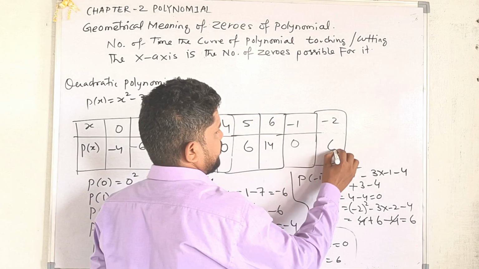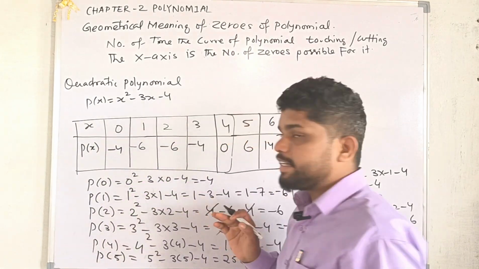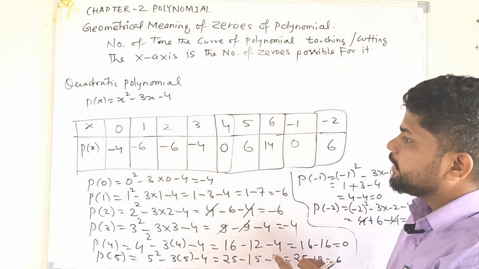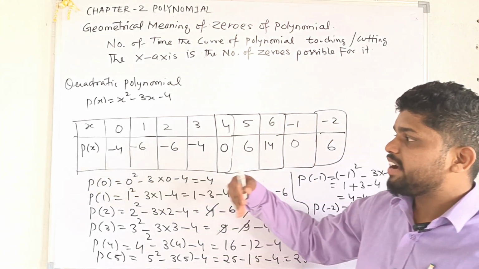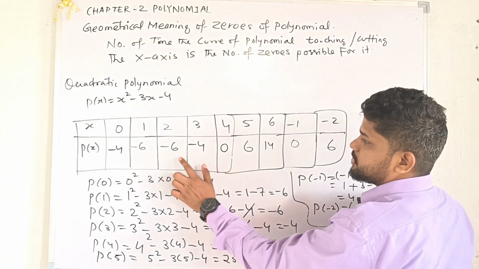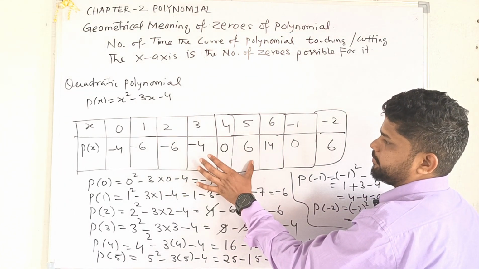Here, dear students, try to understand. Here the range for p of x is varying from minus 6 to plus 6.